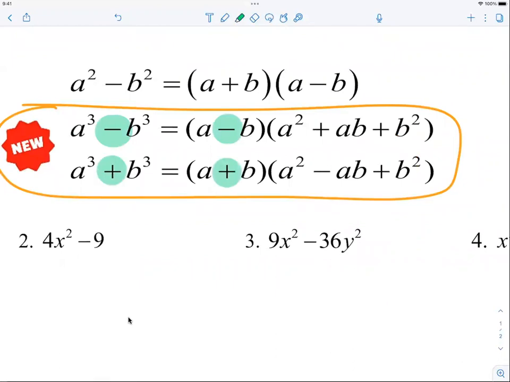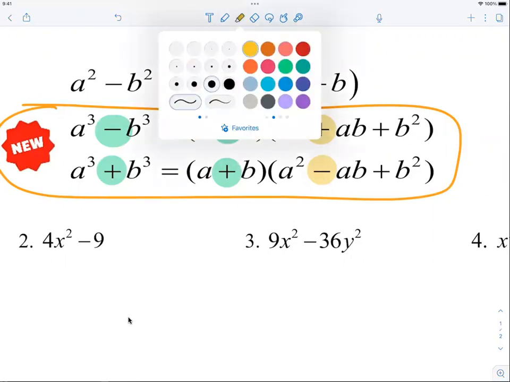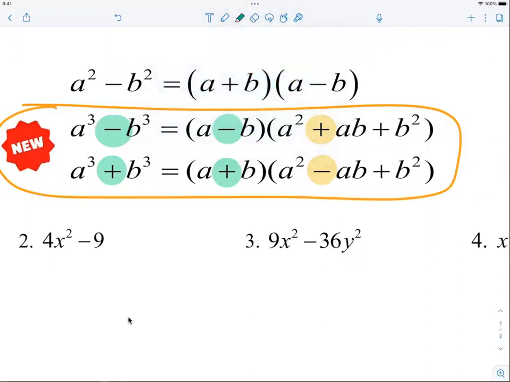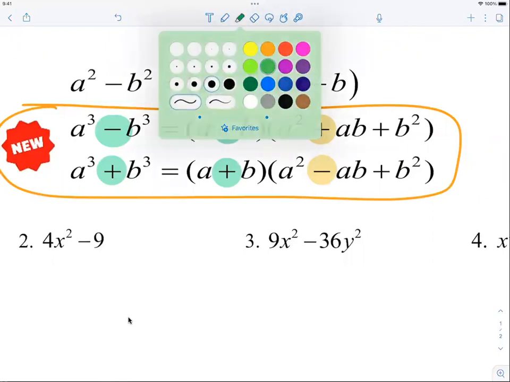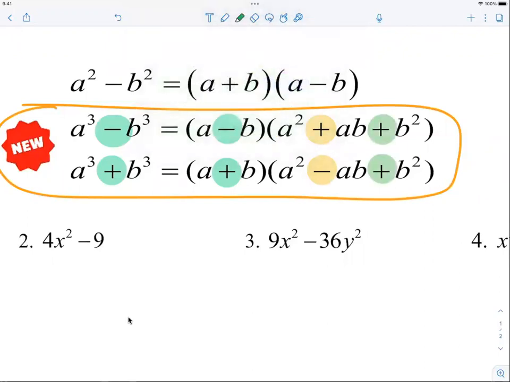Number two, the next sign that you write would always be the opposite of the one that preceded. And then for the very last one, it's always a plus. Okay, for the last one, it's always a plus.